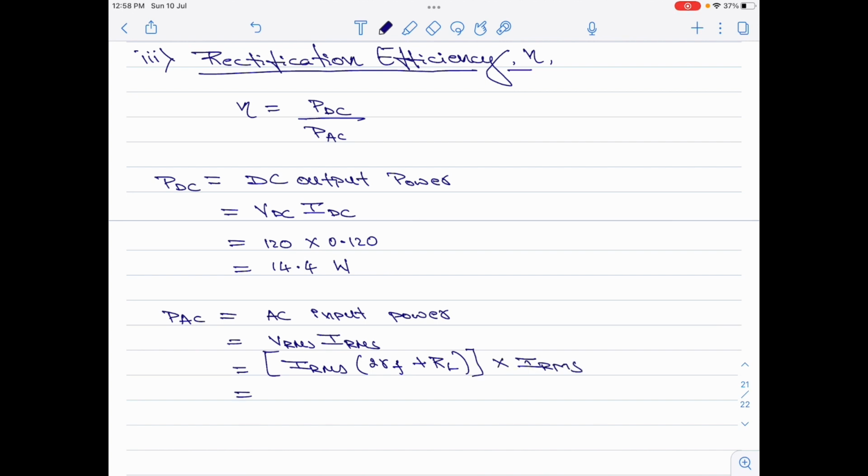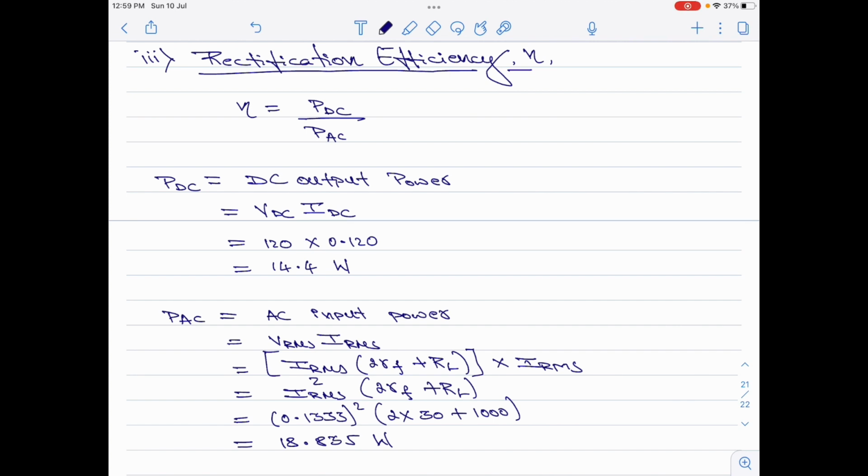So, the final equation for this is IRMS square multiplied by 2RF plus RL. Let us substitute. IRMS is 0.1333. We have a square. Then we have 2 multiplied by RF is 30 and RL is 1000. Computing this, you will obtain the answer as 18.835 watts.